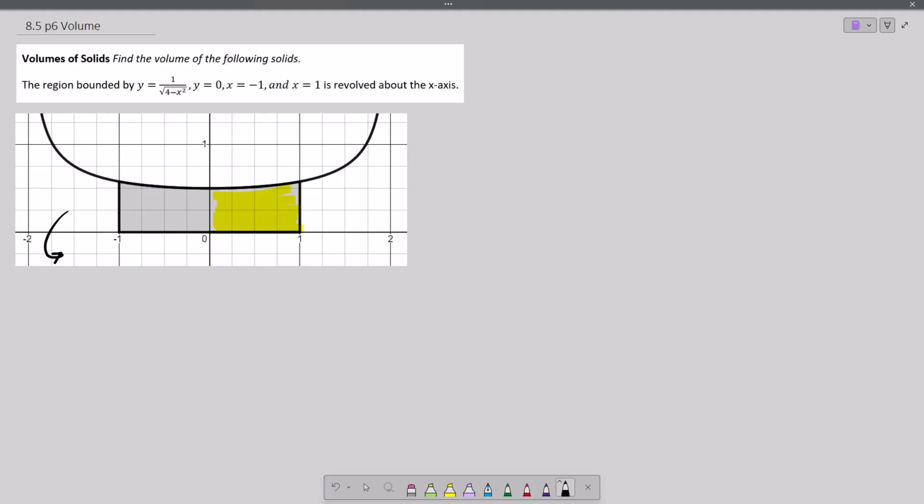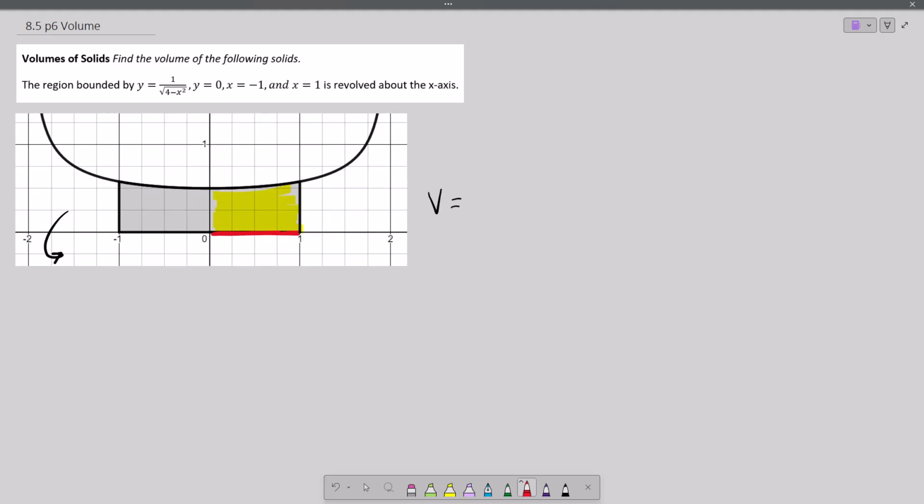So the volume here, well, let's go with area first. Remember that if we rotate around an axis and we are touching the axis of rotation, what is our cross section going to be? Disk. If the region touches the axis, if we go perpendicular here, our cross sections will be disks.